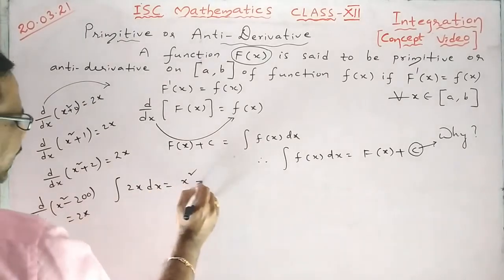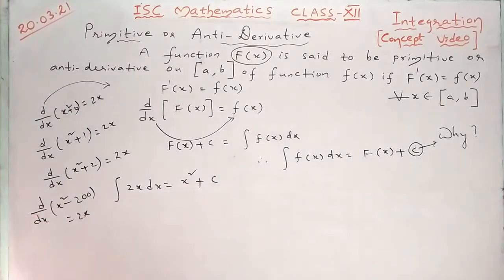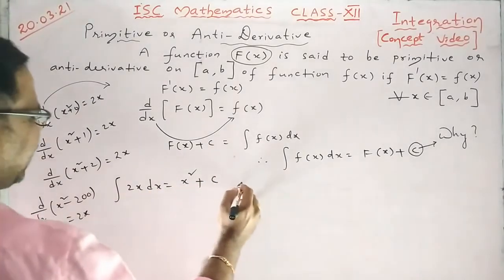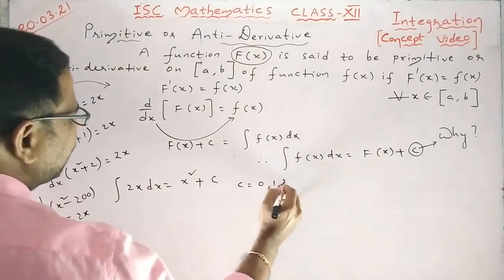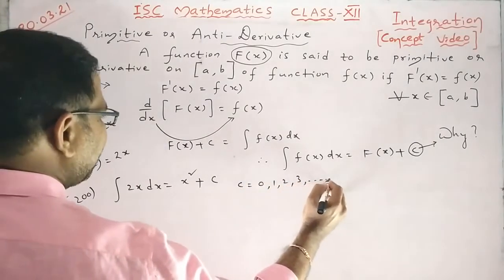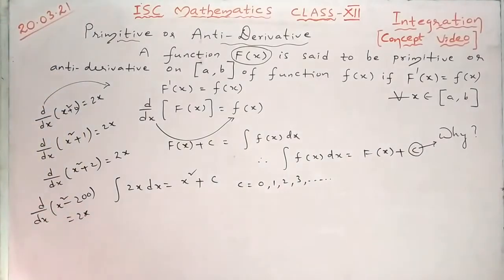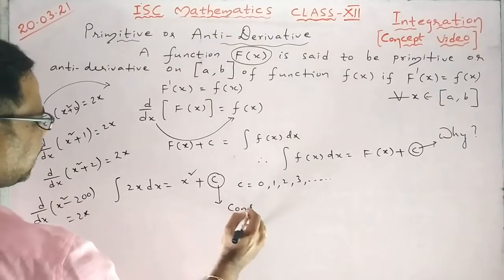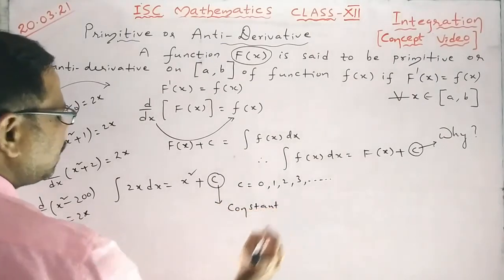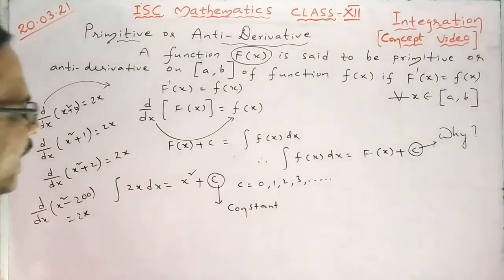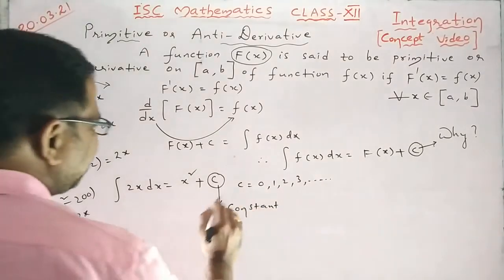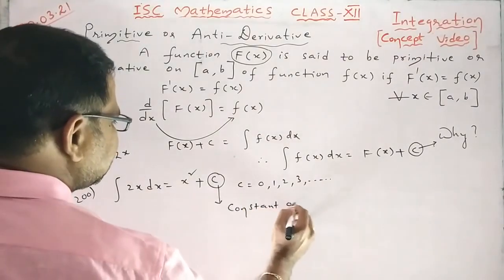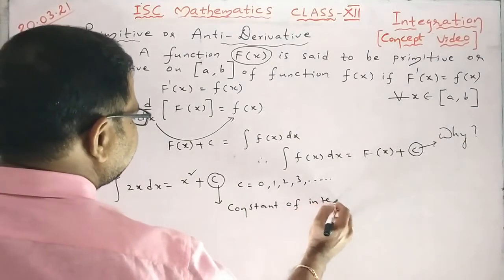That is why in general I am taking one constant. This c can be either 0 or 1 or 2, 3 or minus 200, anything. So this c is called constant of integration. After completing the integration, compulsorily we have to keep this constant of integration.